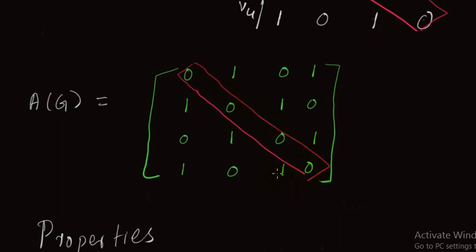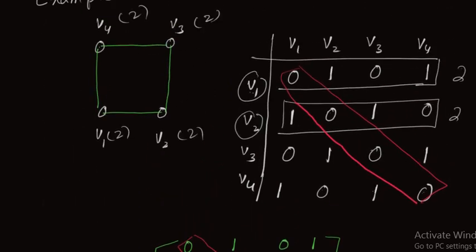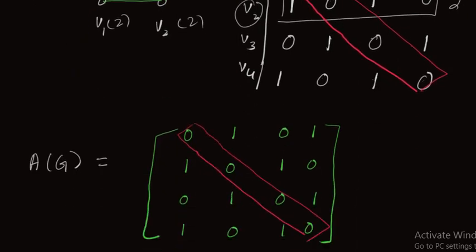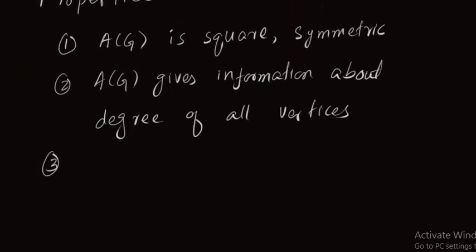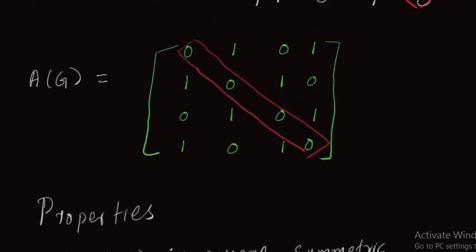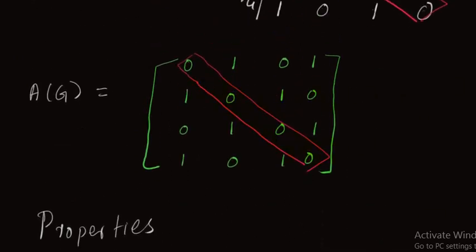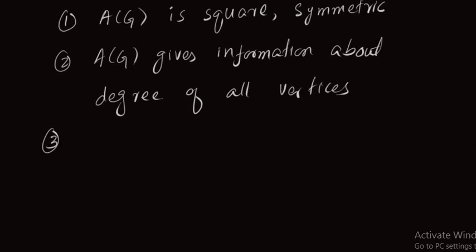Here all diagonal entries are 0. If all diagonal entries are 0 in the adjacency matrix, then there is no loop in the graph. So it is clear from the graph there is no loop at any vertex of the graph. If all the entries of the diagonal are 0, then there is no loop in the graph.